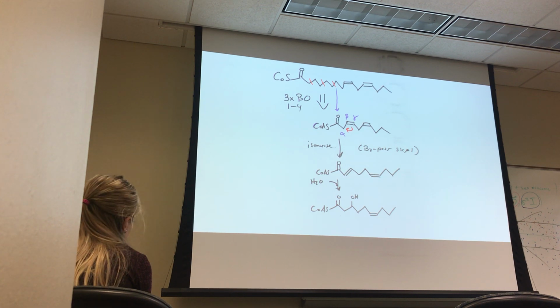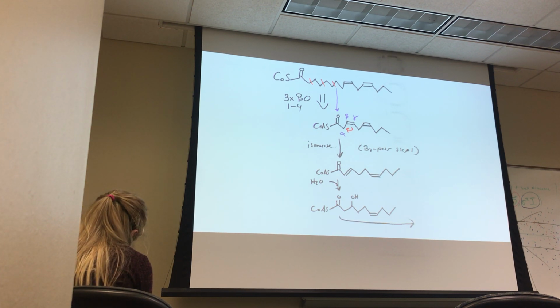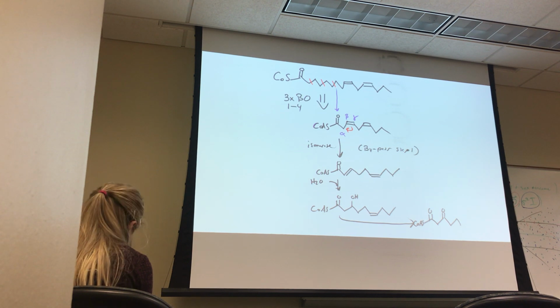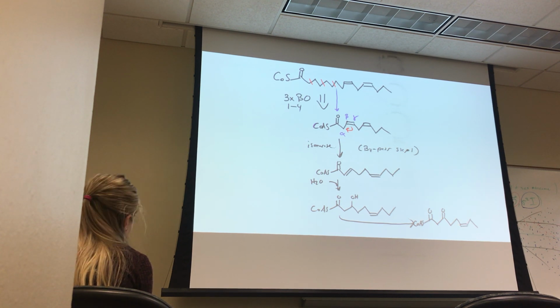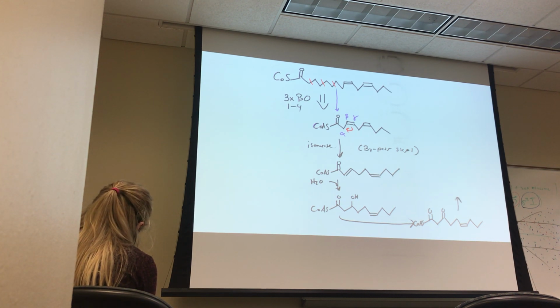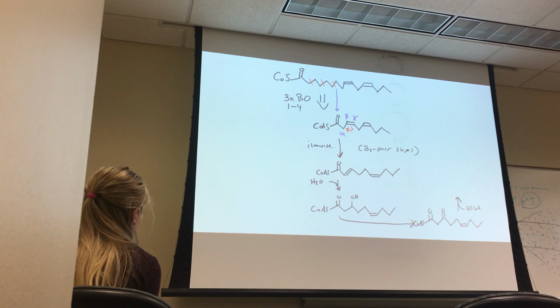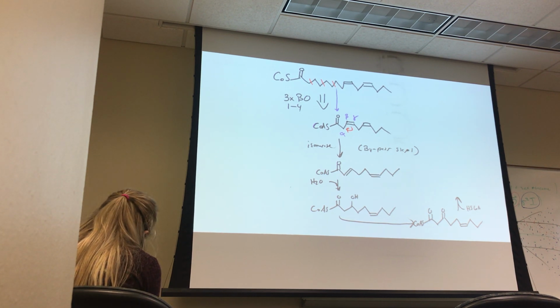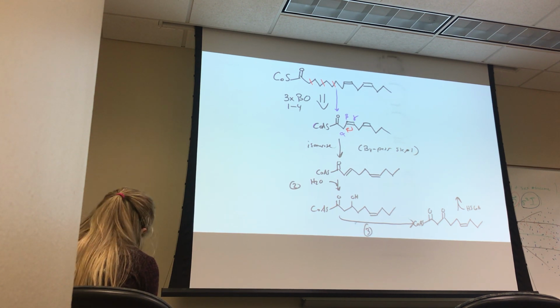Then what do we do? We're going to now oxidize that further. And then we're going to use our bioreactor. So this would be step 2, 3.